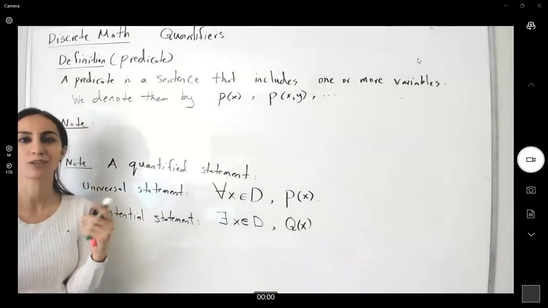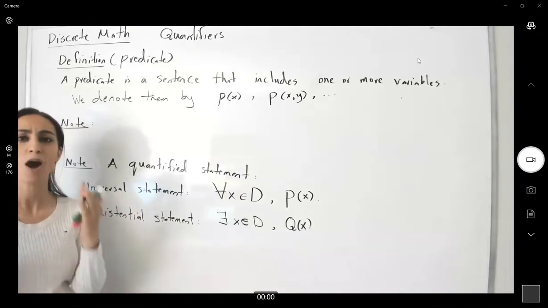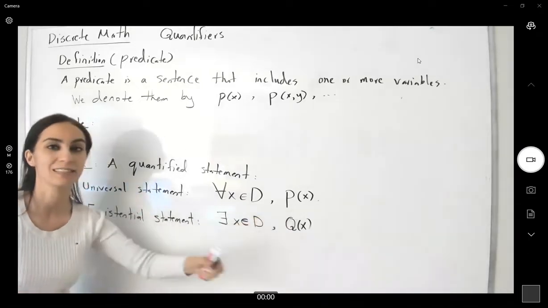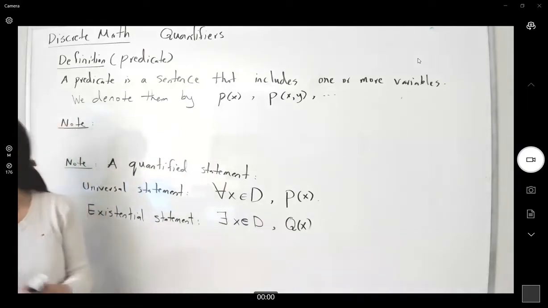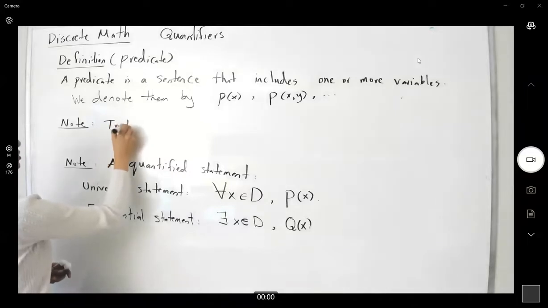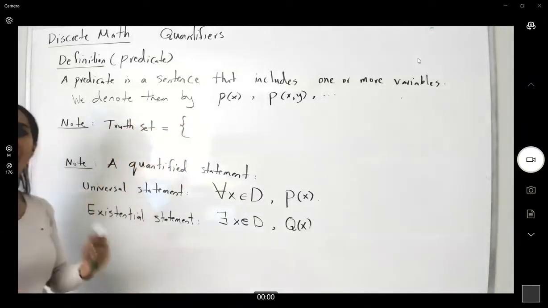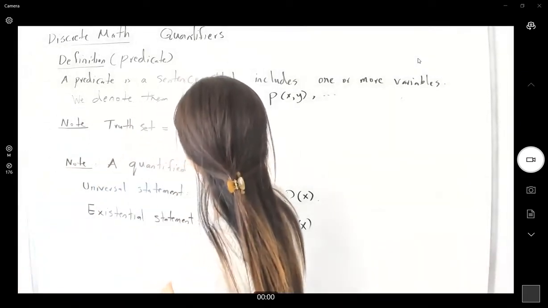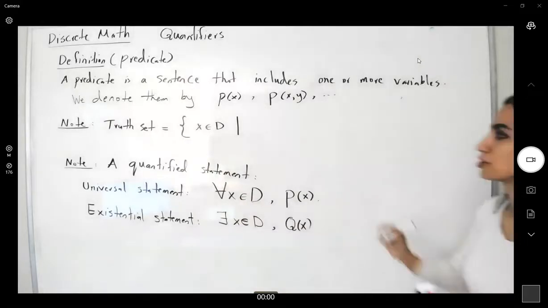Well, note that we have something that we call the truth set. Truth sets are the actual values for which the predicate is true. So the truth set is equal to the set of all x values in the domain such that the predicate is true.